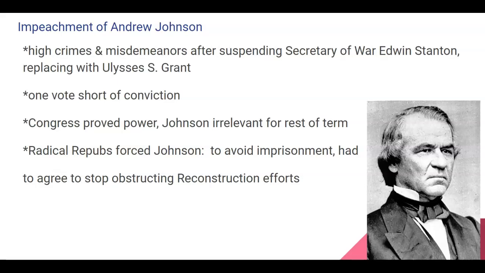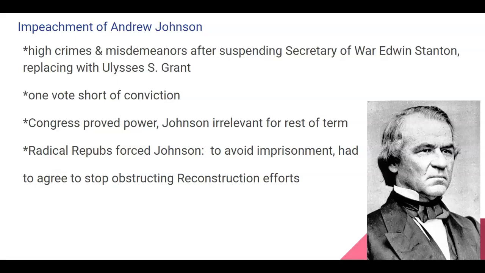So Johnson was impeached because of high crimes and misdemeanors after he suspended the Secretary of War, Edwin Stanton, and wanted to replace him with Ulysses S. Grant. He wanted to get rid of Stanton because he wanted to put Ulysses S. Grant in, and there was no reason to remove Stanton. So it was obstruction.